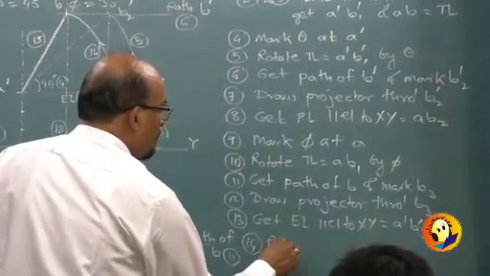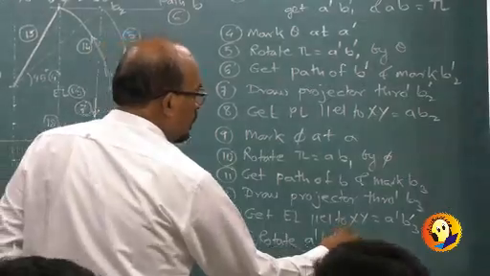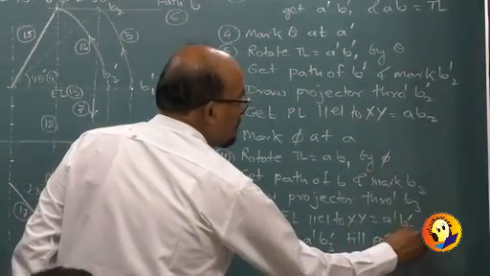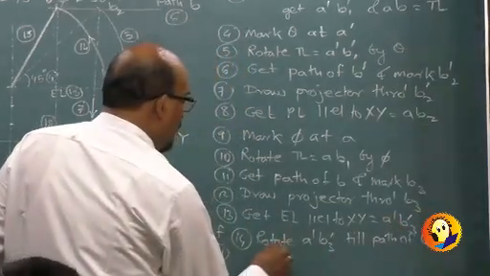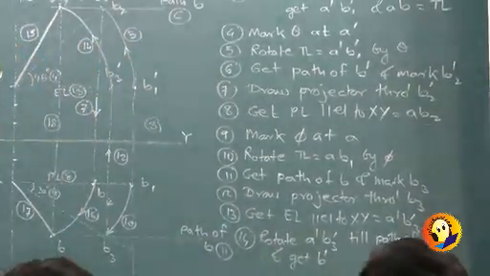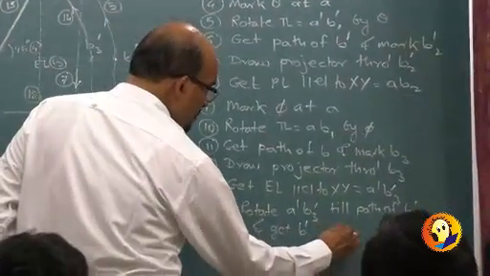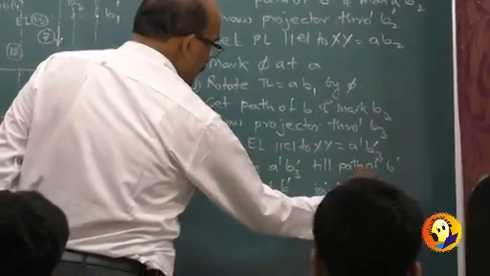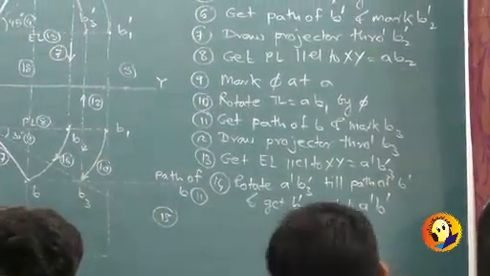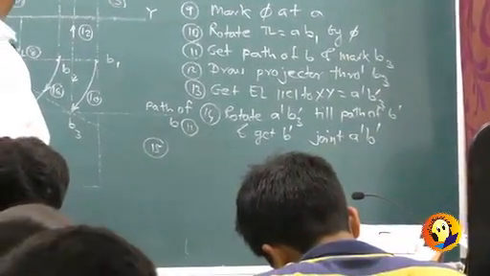Rotate A dash B3 dash till path of B dash and get B dash. Join A dash B dash. Step number 15 is join A dash B dash.